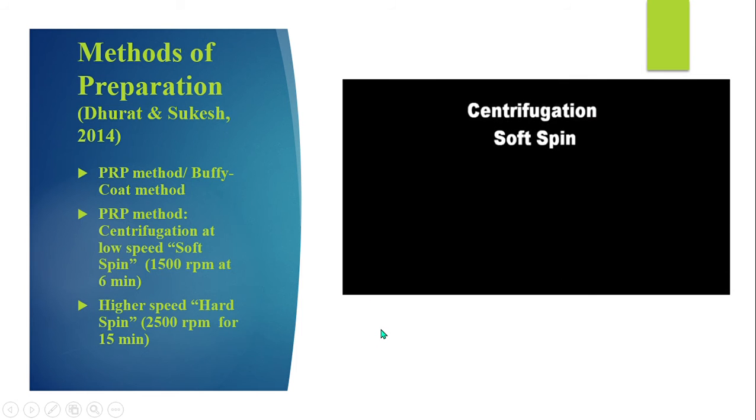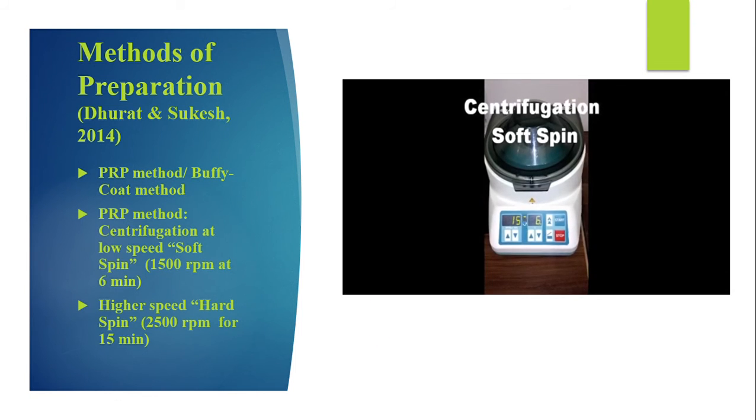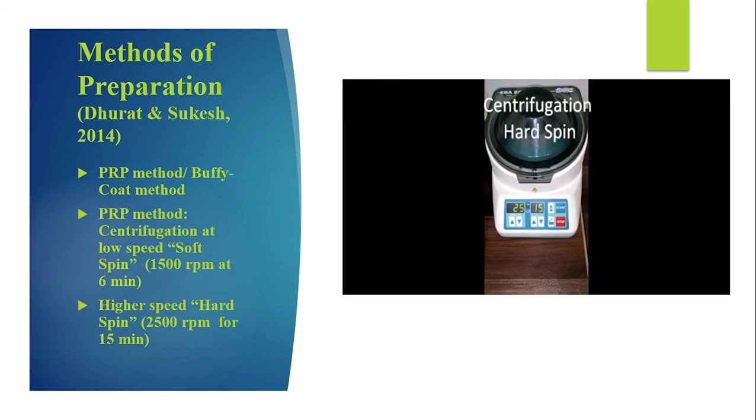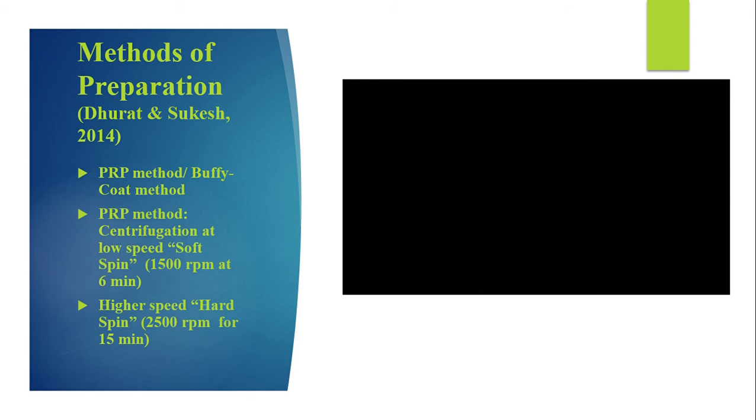So in the PRP method, the first step involves centrifugation at low speed, that is called the soft spin, that is 1500 rotations per minute for 6 minutes, followed by a hard spin, that is centrifugation at a higher speed, that is 2500 rotations per minute for 15 minutes.